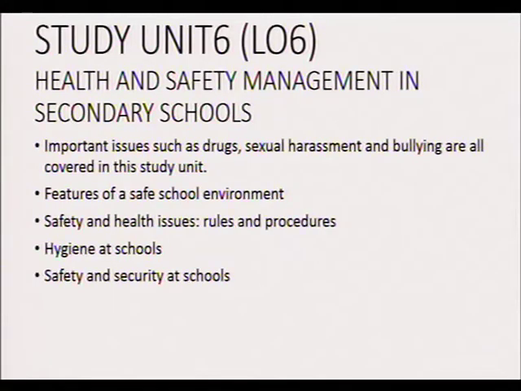It deals also with the physical facilities, because these can also cause harm to children if they are not maintained. Let's take, for example, broken windows. Broken windows can cut children. That's why it is very important that broken windows be fixed timeously, so that they cannot pose health hazards to the children.